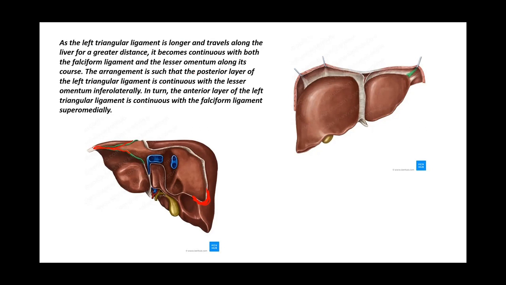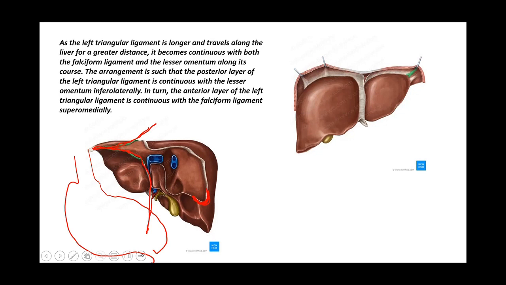You can see anteriorly it continues with the falciform ligament here, and posteriorly you can see it continues with the lesser omentum that attaches to the stomach here. So you should have this in mind when you see a question that says triangular ligament continues with the lesser omentum. You just imagine how.